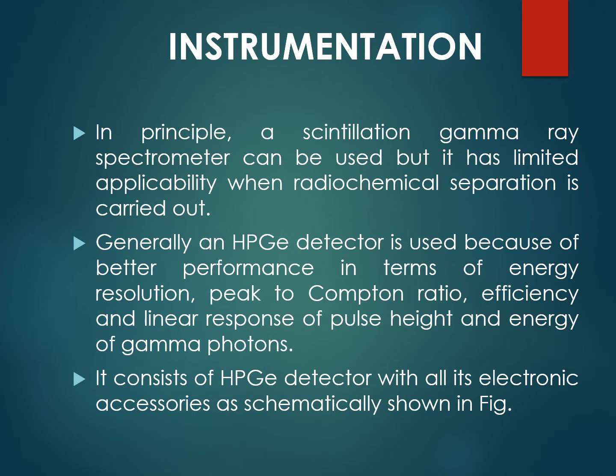There are other factors too, like better performance in terms of energy resolution, peak to Compton ratio, efficiency, and linear response of pulse height and energy of gamma photons. So due to these factors, it is much more applicable than silicon detectors.